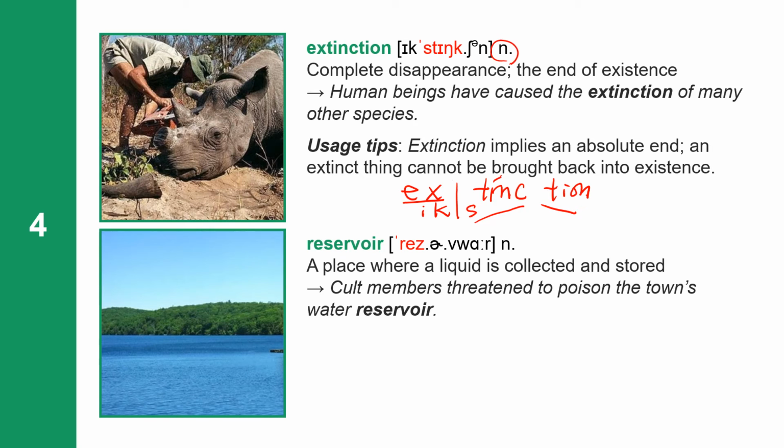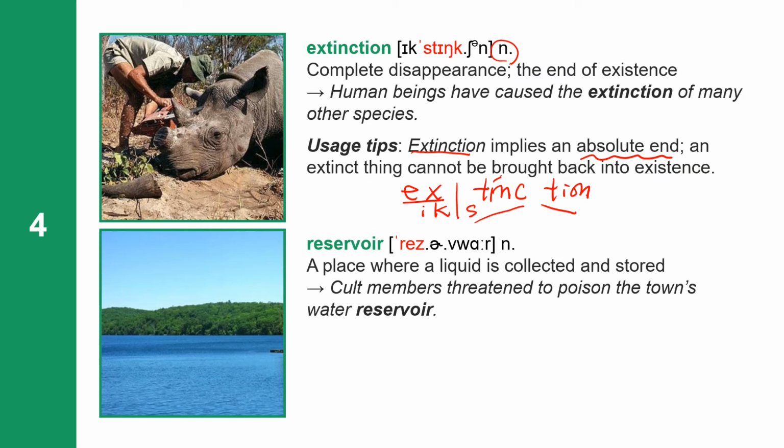Extinction is a noun. Extinction means complete disappearance, the end of existence. Human beings have caused the extinction of many other species. When you use extinction, it implies an absolute end. An extinct thing cannot be brought back into existence. Extinction.